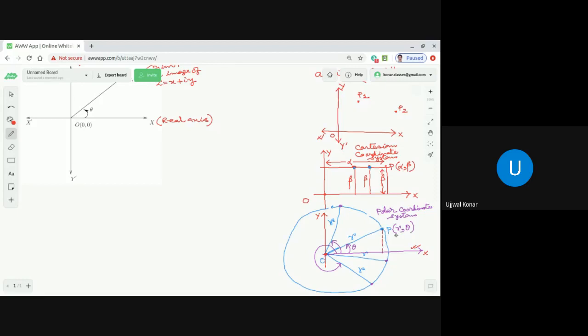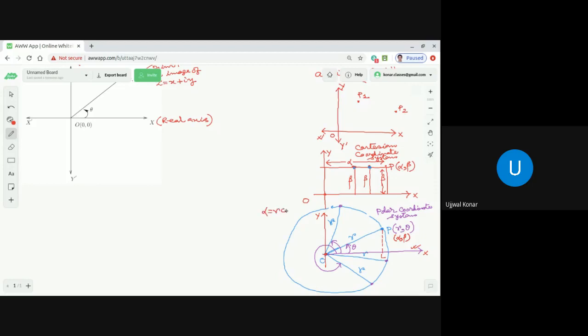Okay, now the same point is having coordinates alpha comma beta, in which the angle, suppose this point we can say is L, that angle LOP is actually theta. Then just by applying simple trigonometric concepts, there is a relationship between alpha and r: alpha equal to r cos theta, correct or not?